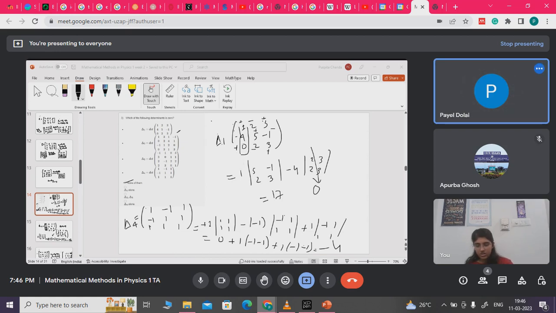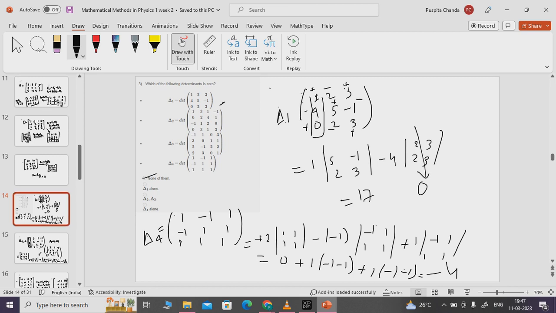Ma'am, please give some example of row matrix and linear matrix. Give you an example of linearly independent matrix and dependent vector or matrix. Okay, linearly independent.